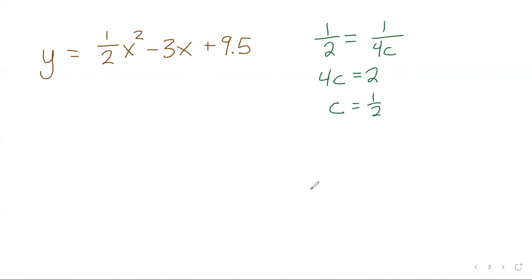Okay. So in order to find where the focus and directrix are, we need the vertex of this parabola. And you might recall the formula that we use to find the vertex is x equals -b/2a. So we plug that in here. That's negative, b is -3, over 2 times a, which is 1/2.